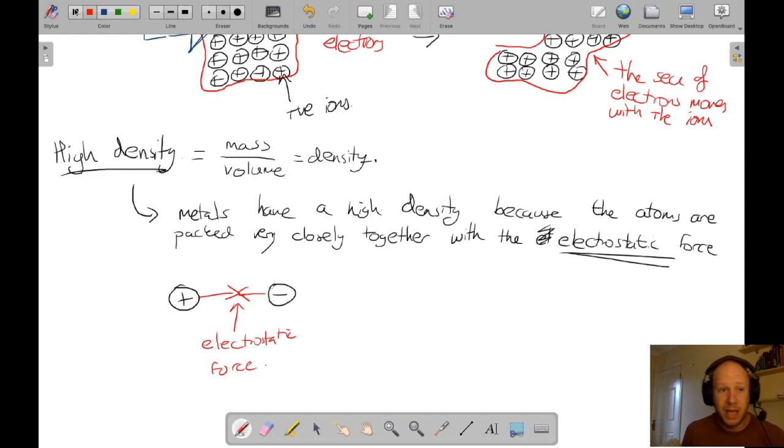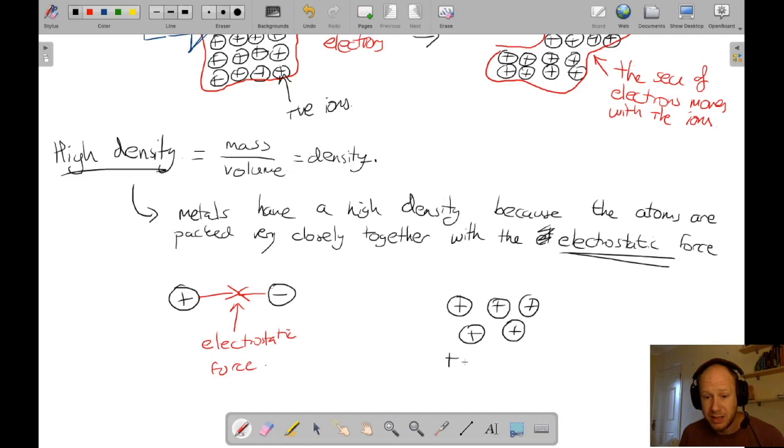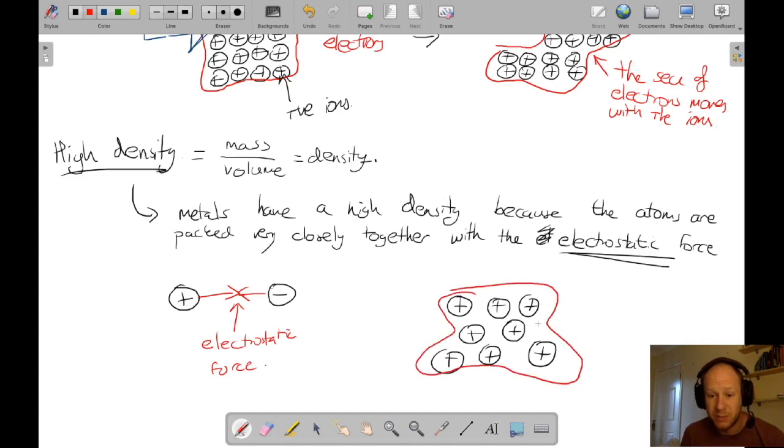Now, in my metallic bond, obviously I've got loads and loads of positive atoms like this. In my metal, there's my positive atoms, and we said already that there's this sea of delocalized electrons around them. Well, those delocalized electrons are negative.